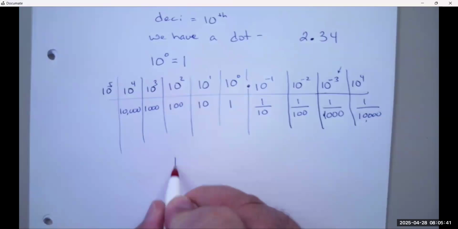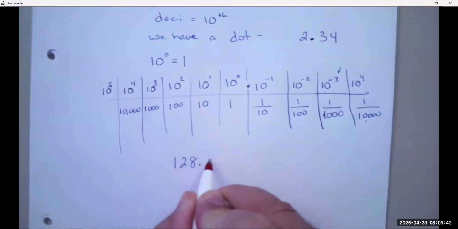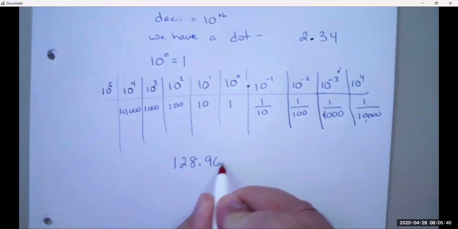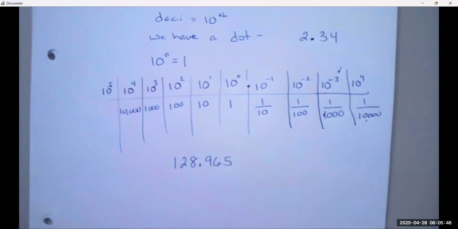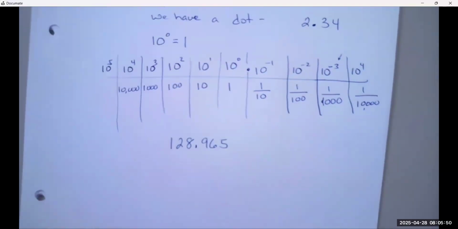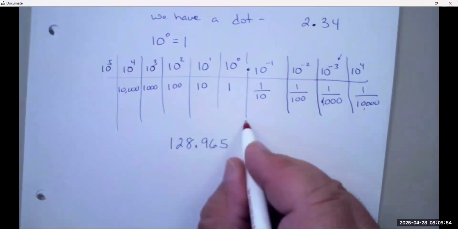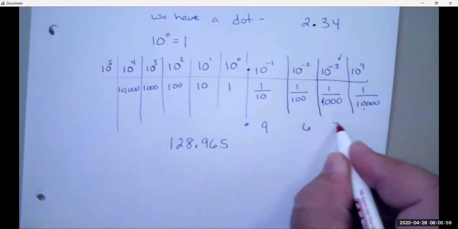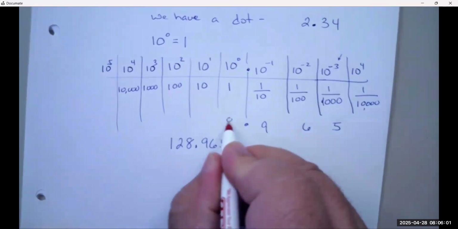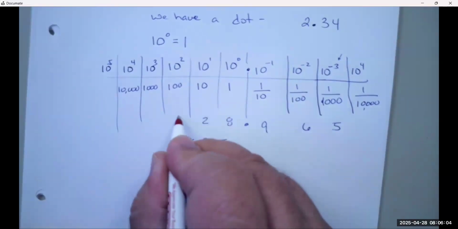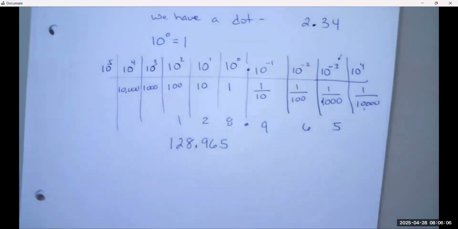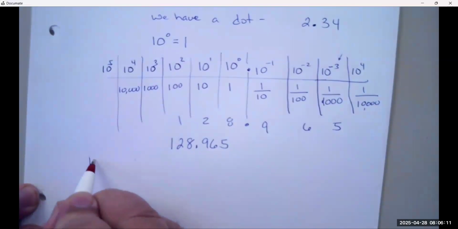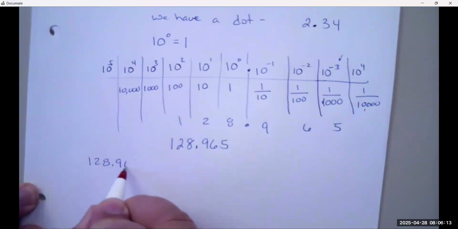So for example, the number 128.965. If we line up the decimals, there's a decimal, and we have 9, 6, 5 here, 8, 2, 1. So what does this number really look like?